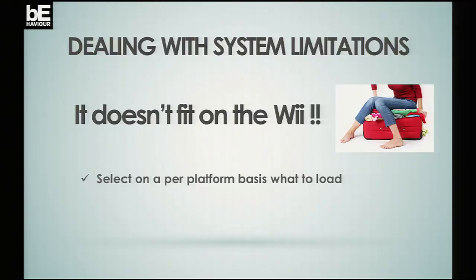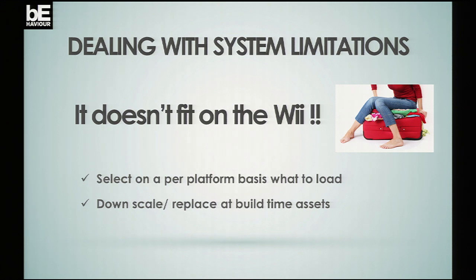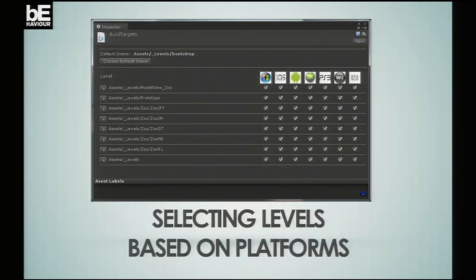It's only to select on a per platform basis what to load. That way you can easily downscale or replace at build time, and at the end at runtime, the asset inside. So the system looks kind of like the same layer system that we had previously, but this one is for the build, what gets inside the build.